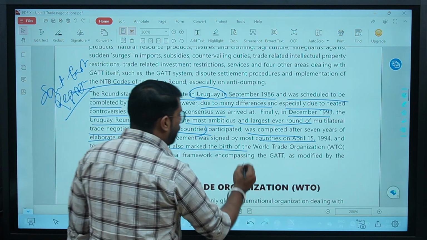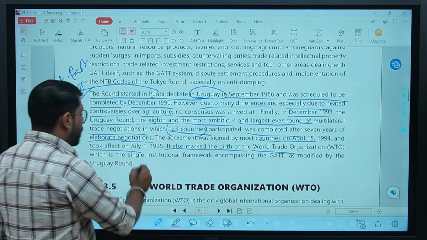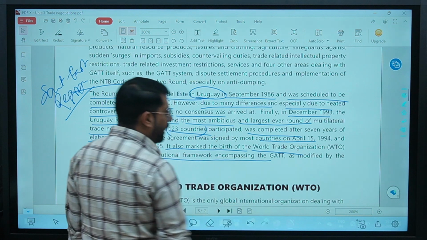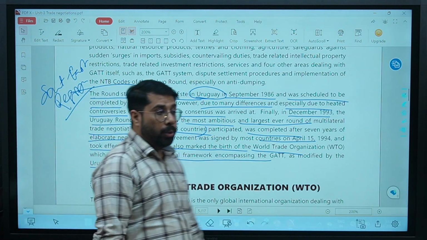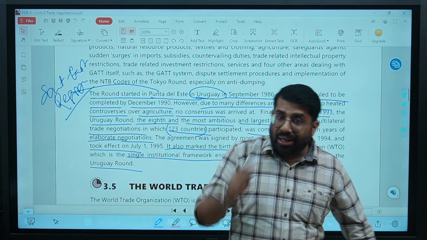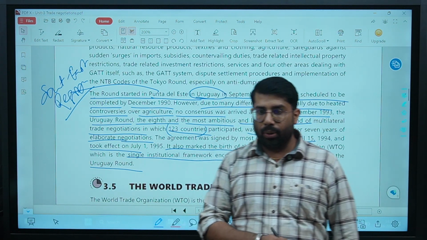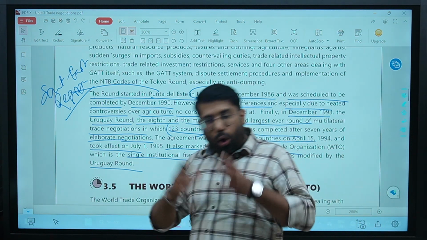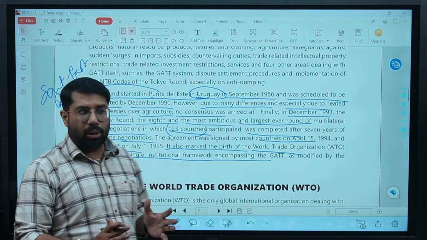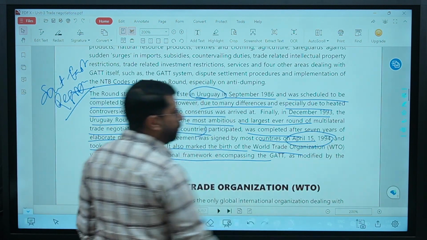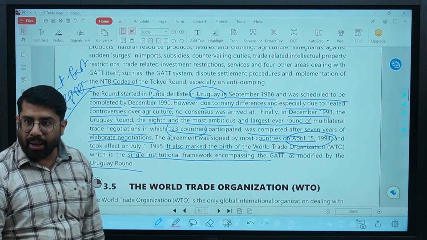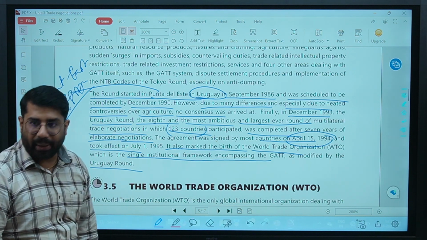It also marked the birth of the WTO, which is the single institutional framework encompassing the GATT as modified by the Uruguay round. Guys, in the Uruguay round, there were many difficulties to set up the WTO. But after all the efforts of all the countries, at last, on 15th April 94, the agreement was signed that GATT has to be replaced.